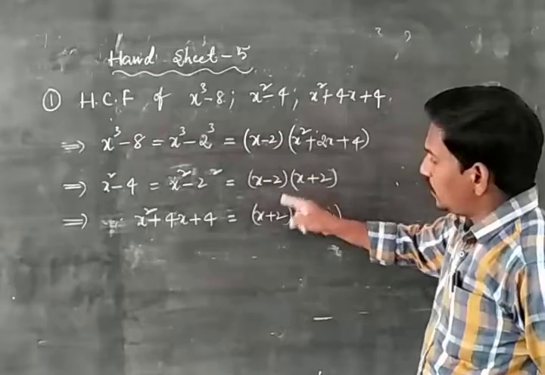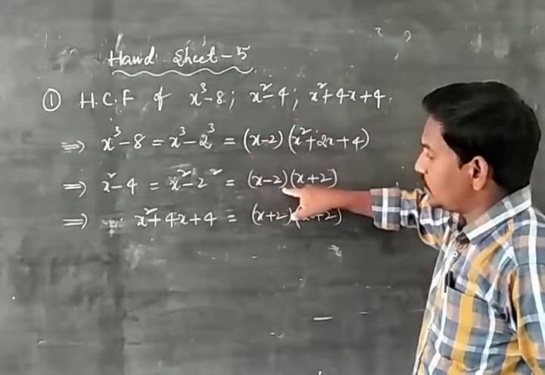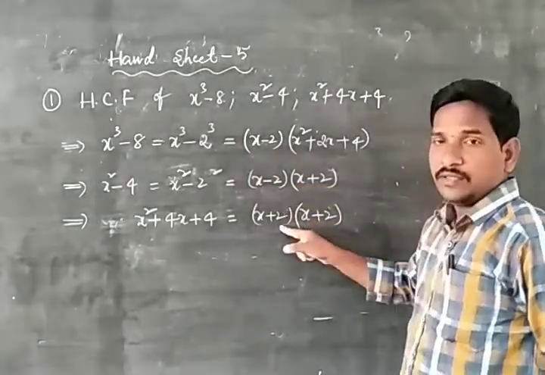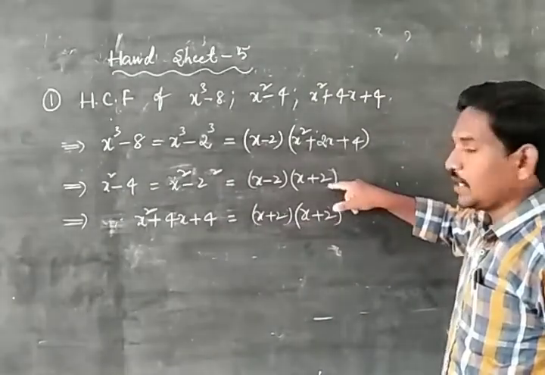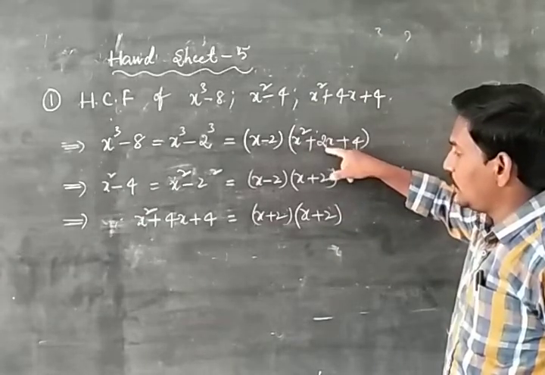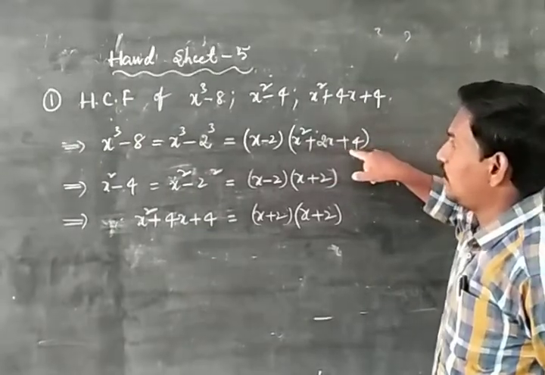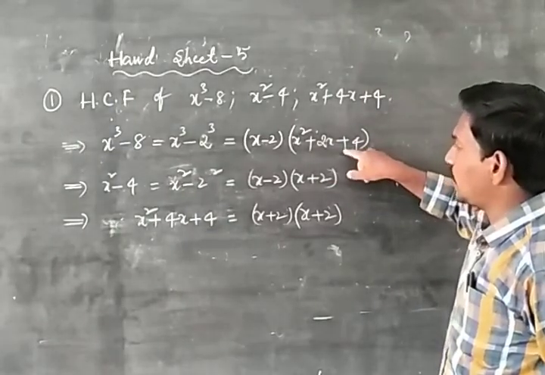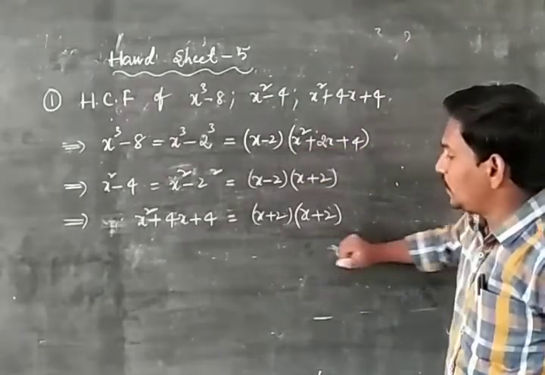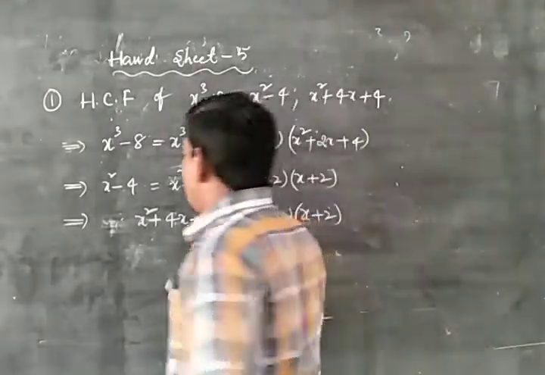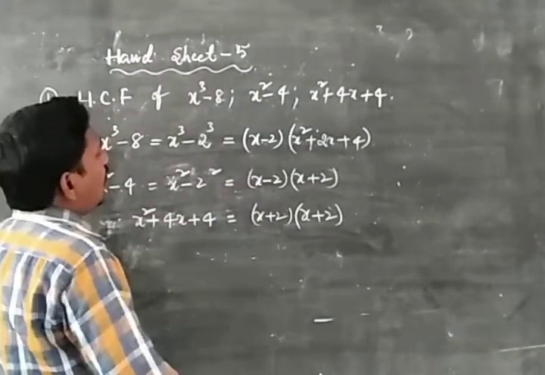Here x minus 2 is there, in the second one x minus 2 is there, but in the third one there is none. x plus 2 is there in the third one, but there is no x plus 2 in the first. So there is no common term. If there is no common term in the given expressions, the HCF is 1.